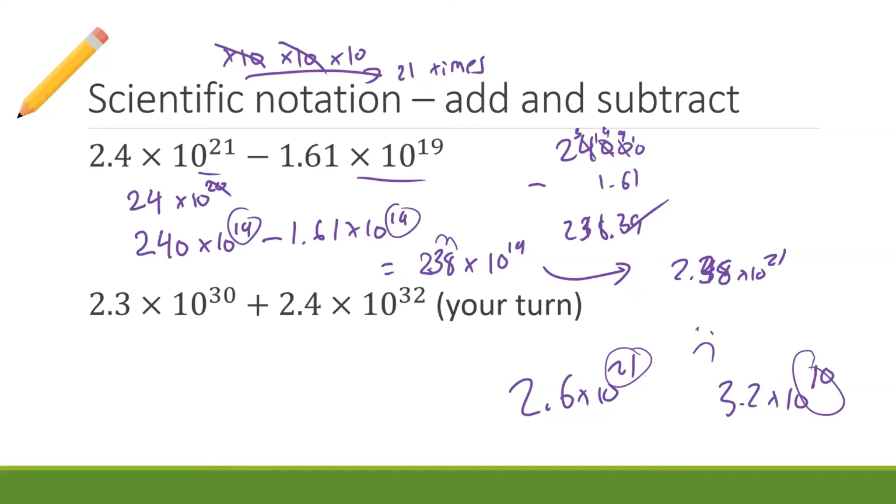In fact, if you were to subtract or add these two, because this is such a big difference, it's probably going to be closer to this number anyway. So you could just leave it at 2.6 because you're not actually removing that much.